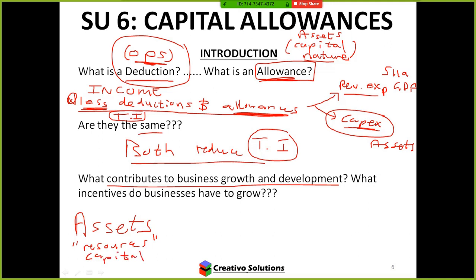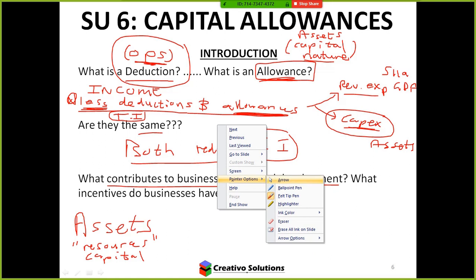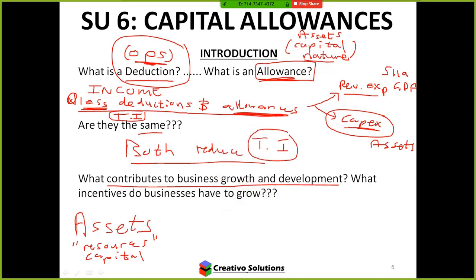And that's exactly what we're looking at here. So, do businesses have an incentive to grow? Well, if we just think about it, obviously businesses would want to grow. Would you agree with that? Yes. But let's assume that the business has purchased a truck, a delivery vehicle, and that delivery vehicle could be 20 years old.